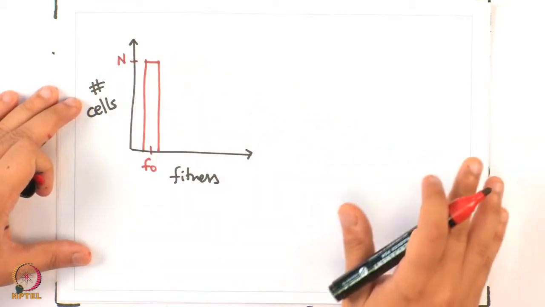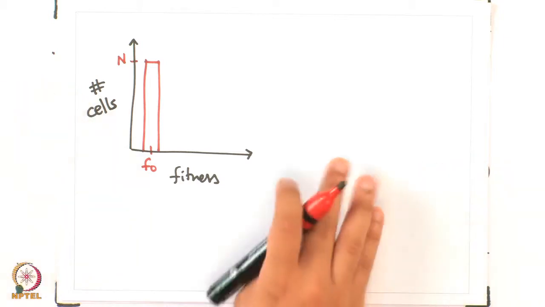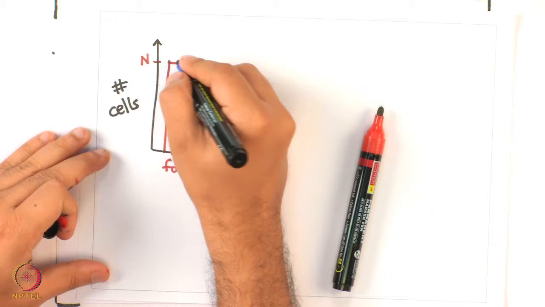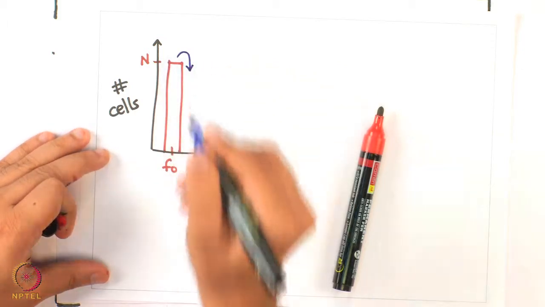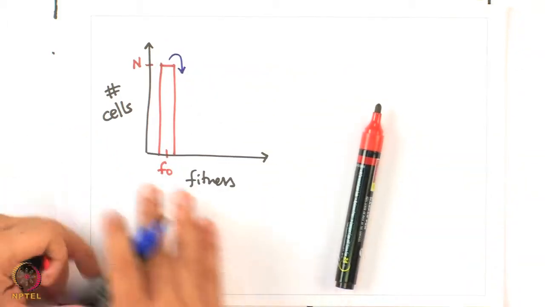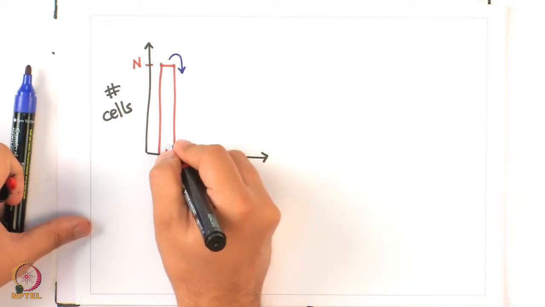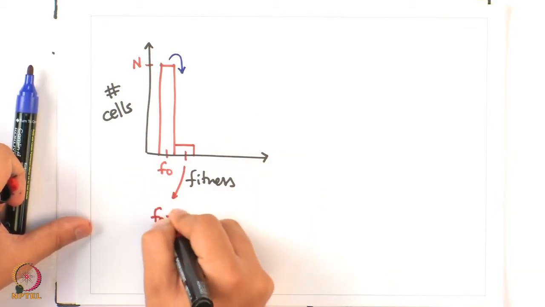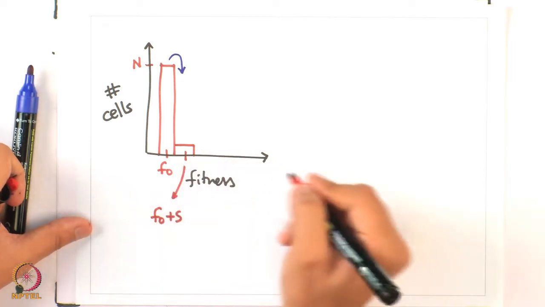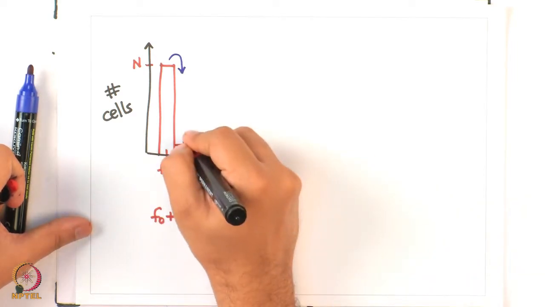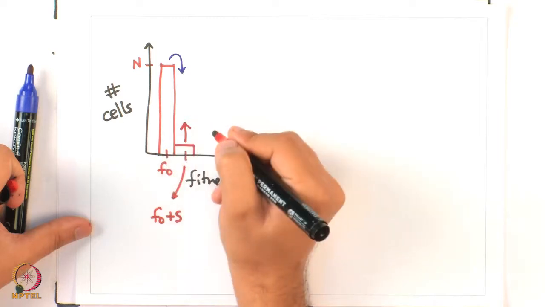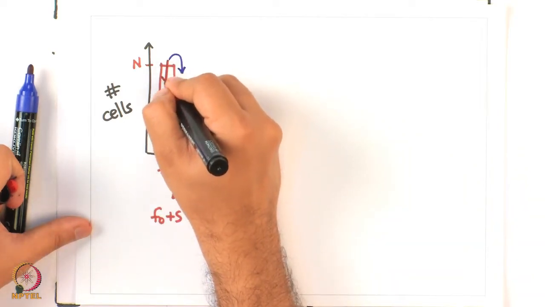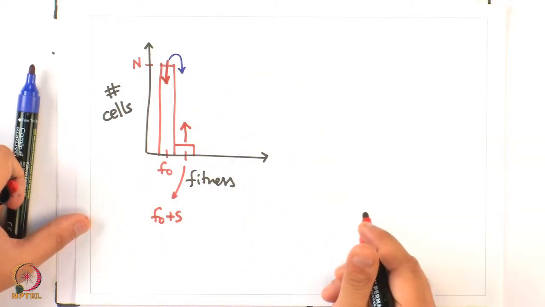This is the picture at t equal to 0. At some future time, a mutation event is going to take place and one of the individuals is going to mutate, and I will have an individual which is at f naught plus s. As soon as this mutation gets established, its numbers are going to increase, and then selection acts and the numbers corresponding to the original genotype are going to decrease.